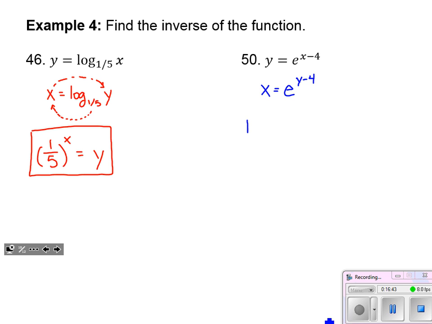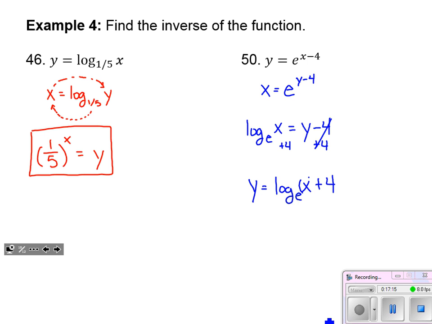So I know that a log with a base of e, to turn it into an x, has to be a perfect exponent of y minus 4. So again, we're using the definition of a logarithm just kind of in reverse here to create the logarithm. And if I solve for y, all I would have to do is add 4 to both sides. So y equals log base e of x and then plus 4.